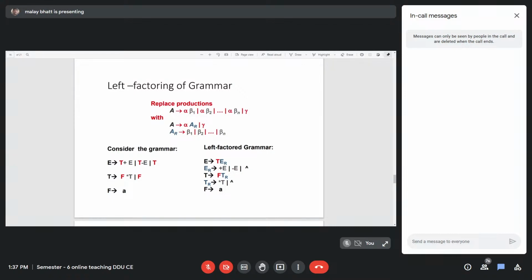And here there is no rule like A gives gamma. We have T plus E or T minus E or T. Out of this, we'll take T common.